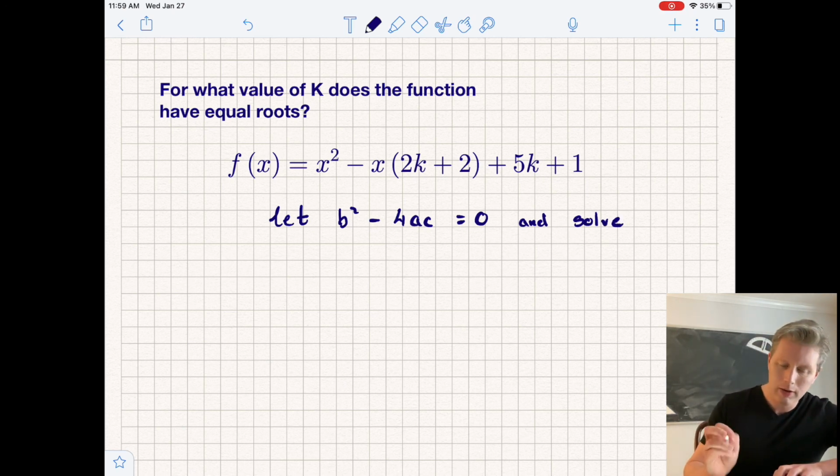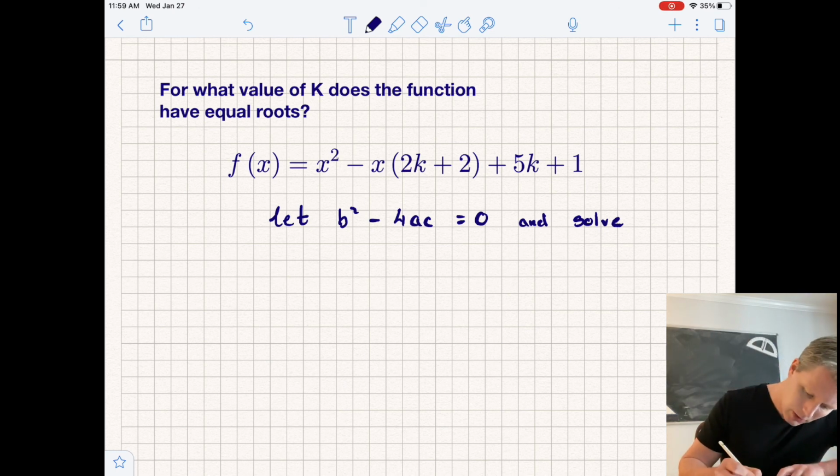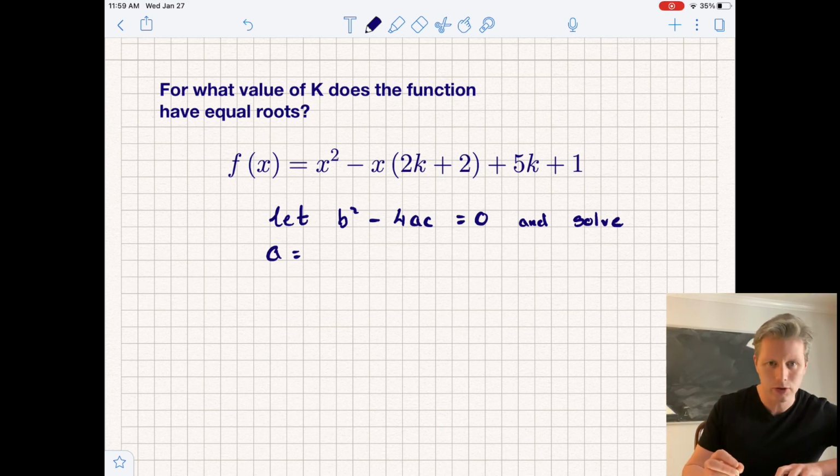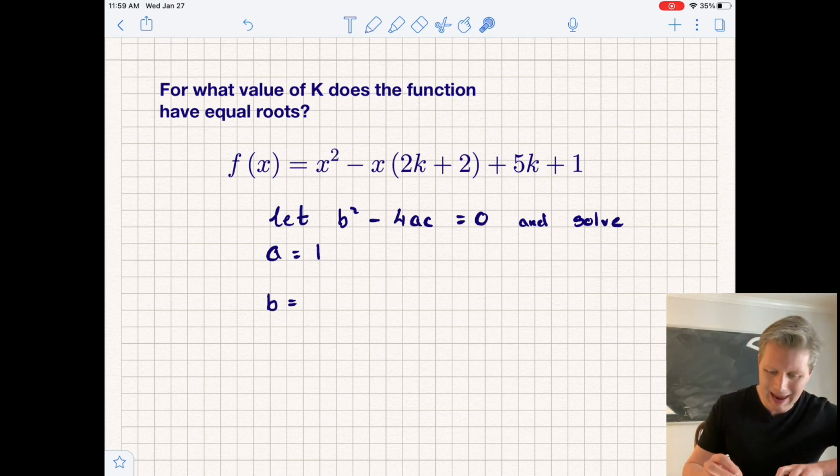So the first thing we want to do is find a, b, and c, the coefficients. Our a value, the coefficient on our x squared term, is 1. I have 1x squared. My b value is the coefficient on my x term. I need to be careful here. Here is my x term.